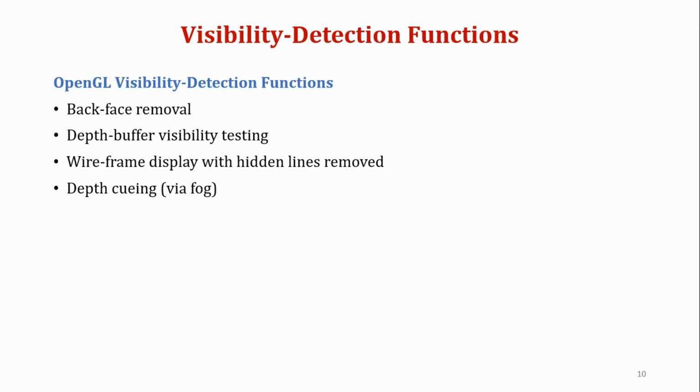OpenGL provides built-in functions for visibility determination, and the functions support backface removal, depth buffer visibility testing, hidden surface or line removal, and depth cue calculation. So instead of implementing algorithms from scratch, programmers, game developers, or whoever is using it can use the built-in OpenGL functions appropriately.